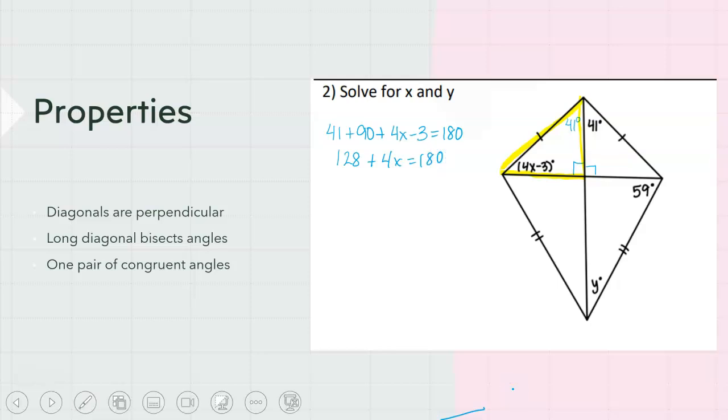Can subtract 128 and I get 52. So 4x equals 52, and divide by 4, so x equals 13.